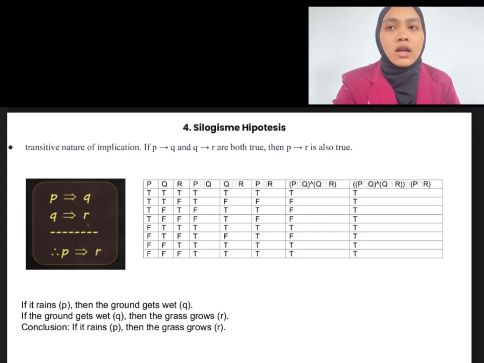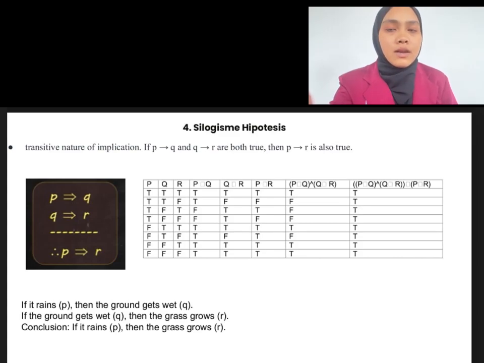For example, if it rains as P, then the ground gets wet as Q. The ground gets wet as Q, then the grass grows as R. So the conclusion is, if it rains, the grass grows.